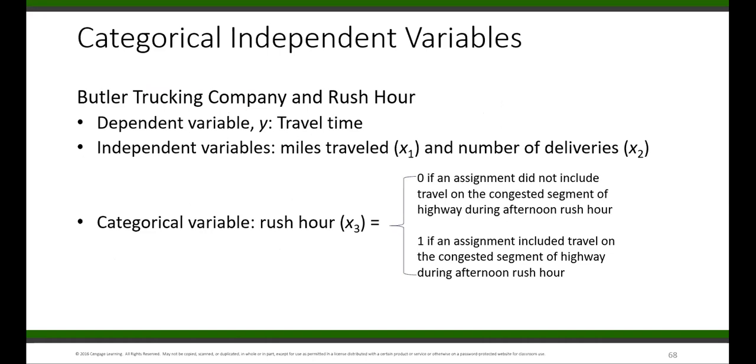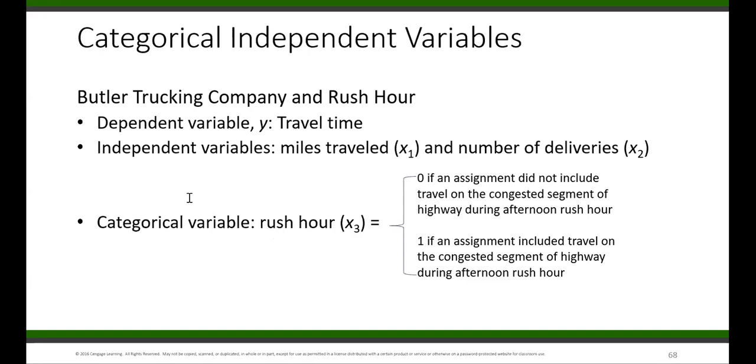This variable is going to take either yes or no. So it's definitely a categorical variable. Yes, I took the highway, or no, I did not take the highway during the rush hour, right? So that's a categorical variable, taking the highway during the rush hour.